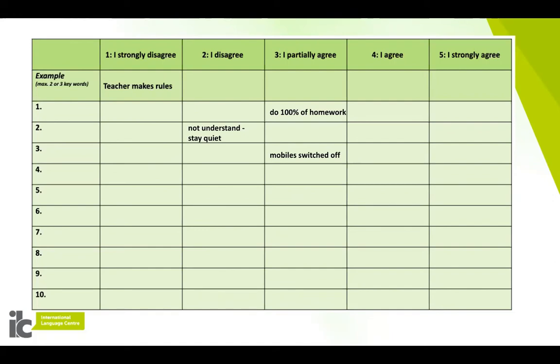After the whole class agreed on 10 rules, you can start the feedback, you can start discussing these rules with them. And they will say, for example, we can have food in the classroom. We agreed that we can have food in the classroom.